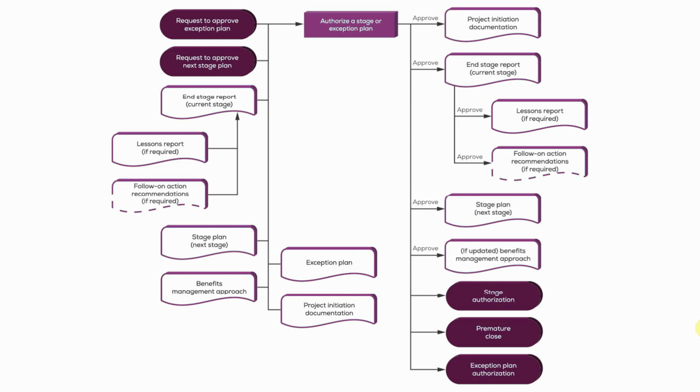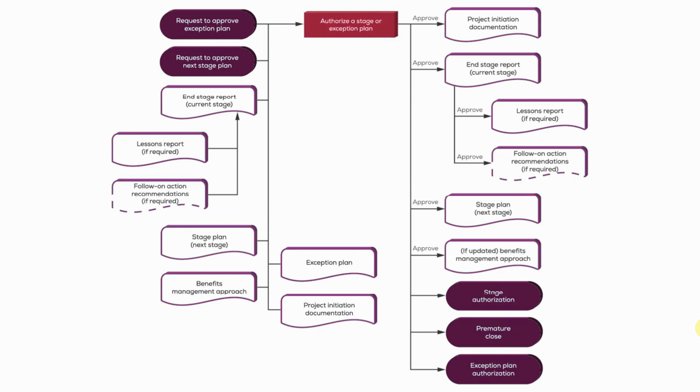So any revised benefits management approach together with the revised project initiation documentation. So as part of managing the stage boundary, the project initiation documentation, in particular, the updated business case, the updated project plan, potentially an updated communication management approach, an updated team structure, additional role descriptions, for example, will be submitted to the board for their approval.